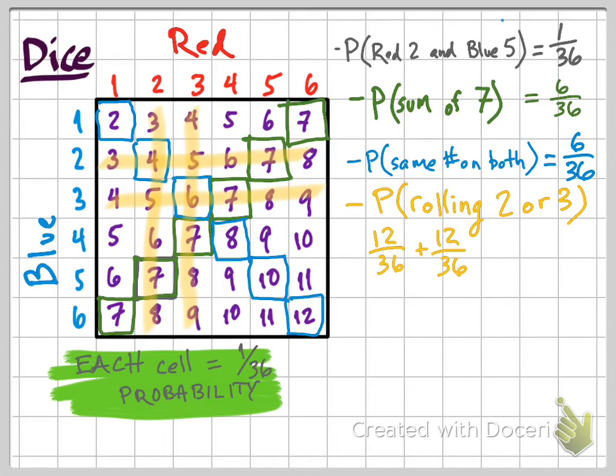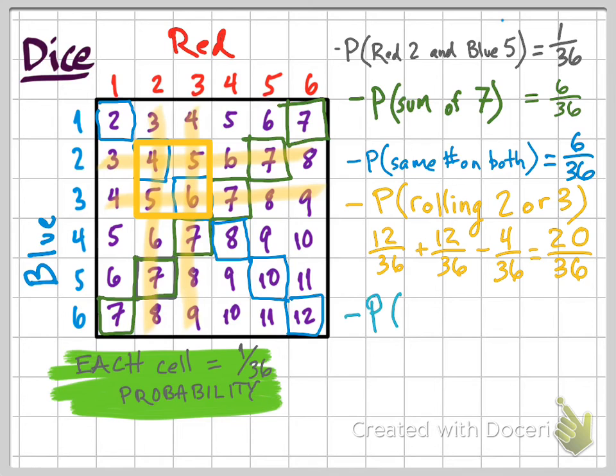And it's the same for rolling the blue die. There's a 12 out of 36 chance of rolling a 2 or a 3 on the blue die. You can also see very quickly now that we have counted 4 numbers twice. So we're going to subtract that 4 out of 36, and then we end up with our answer, 20 out of 36. Pretty cool, huh?